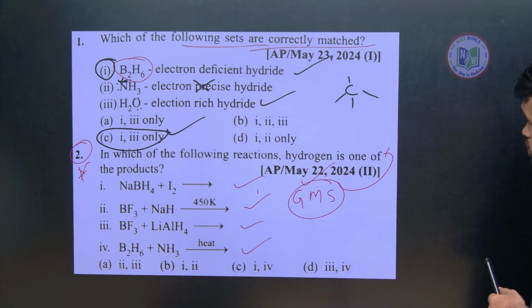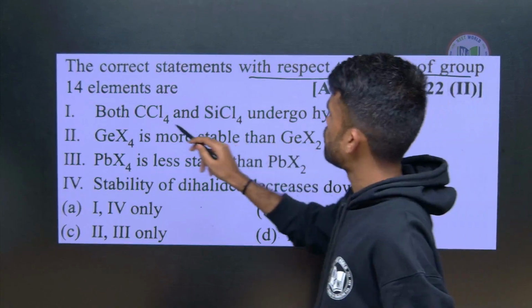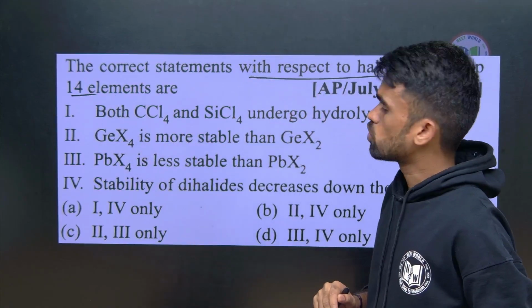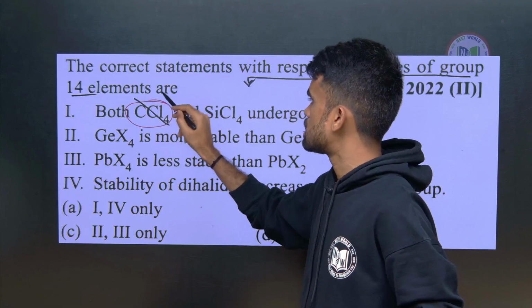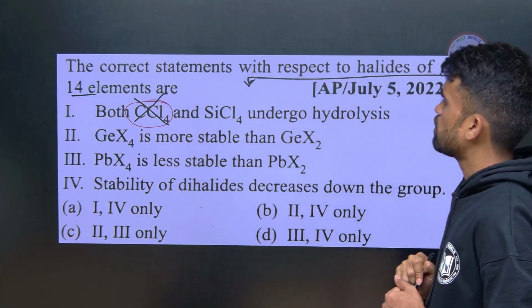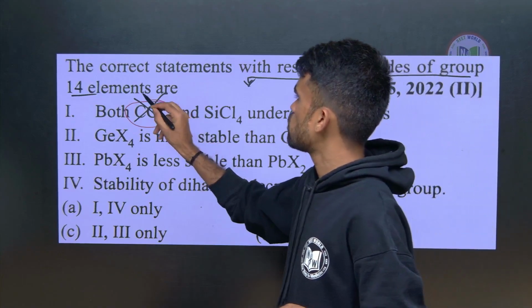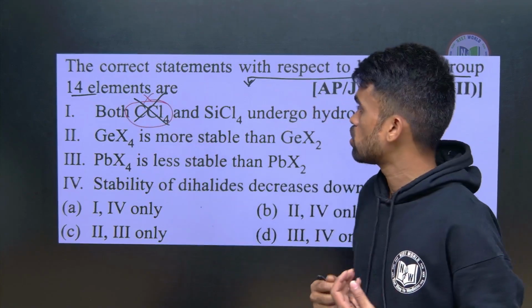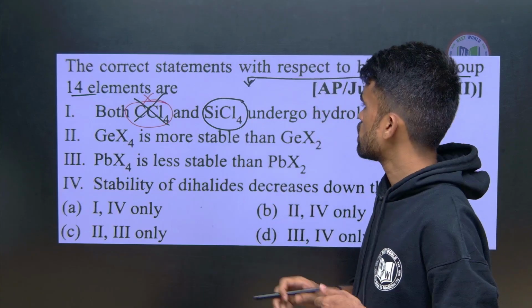Let's move further. The correct set with respect to halides of group 14 are. For group 14, again an important topic, CCl4 cannot be hydrolyzed, but here they are saying both CCl4 and silicon tetrachloride undergo hydrolysis. No, CCl4 won't undergo hydrolysis, but SiCl4 can.